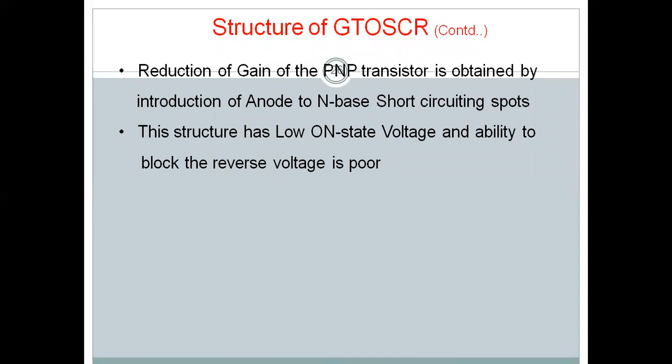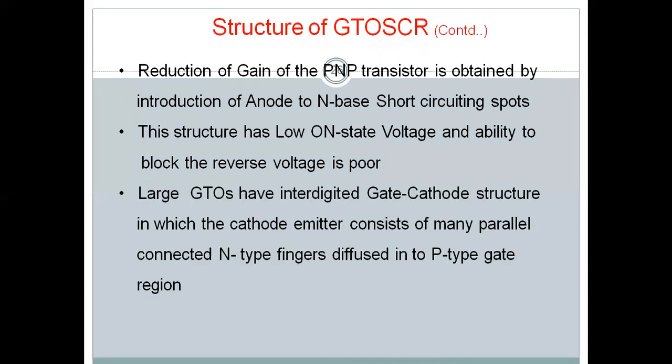This structure has low on-state voltage and the ability to block reverse voltage is poor. Large GTOs have interdigital gate cathode structure in which the cathode emitter consists of many parallel connected N-type fingers diffused into P-type gate regions.